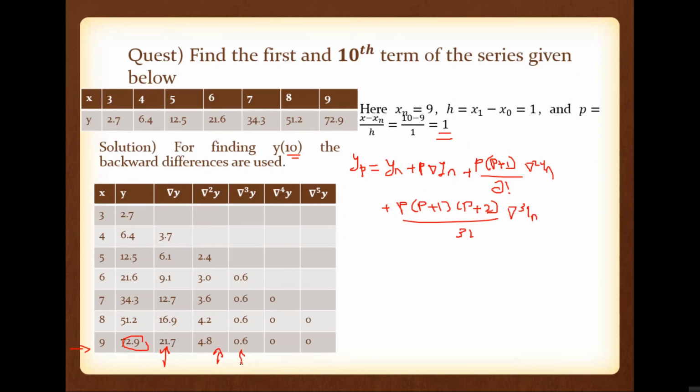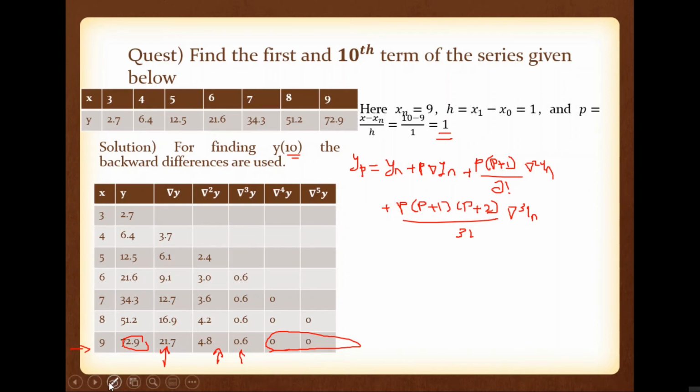Now you can see that the remaining terms are 0, so there is no need to continue. Actually you have to write up to del raised to 6 yn in real case, but as it is 0, there is no need to waste time. So this is the equation we require, yp equal to this one.